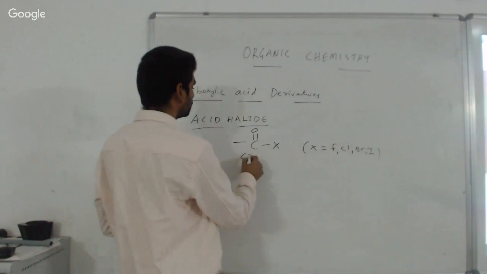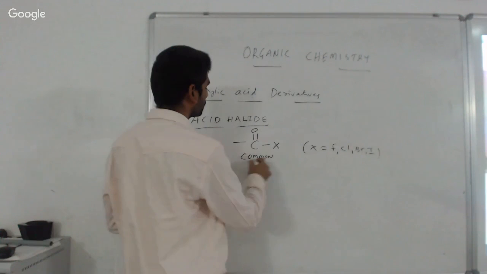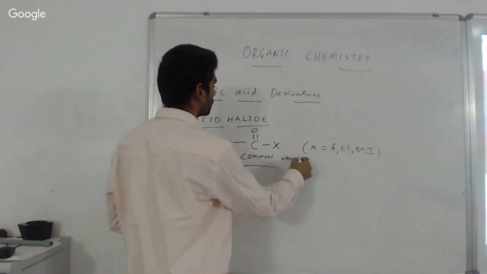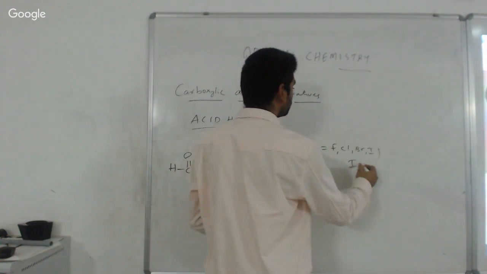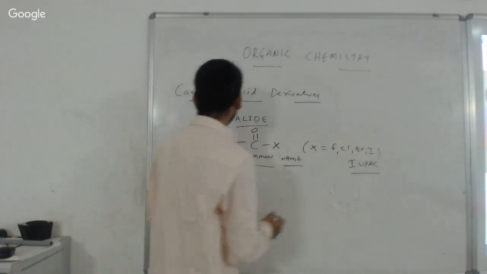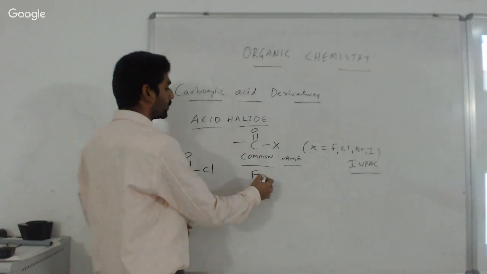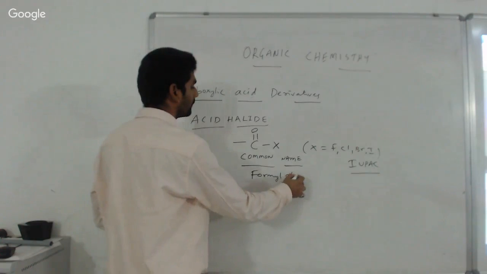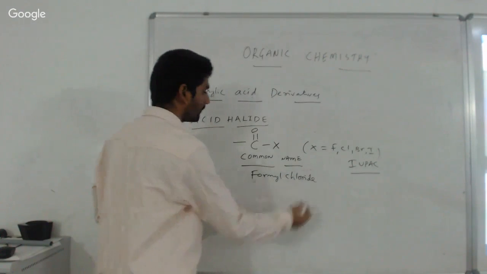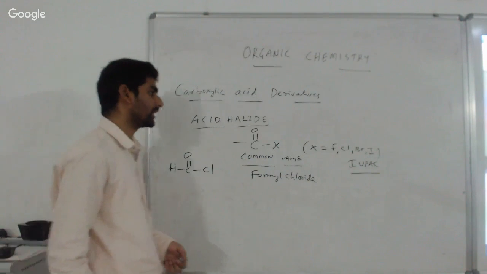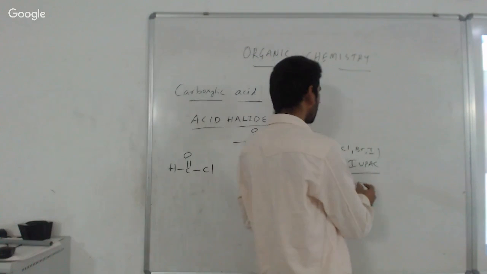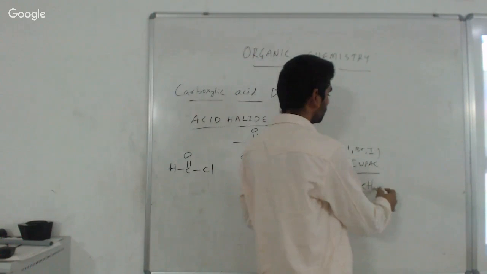The common name for this is formyl chloride. Formyl chloride is the common name. The IUPAC name is methanoyl chloride.